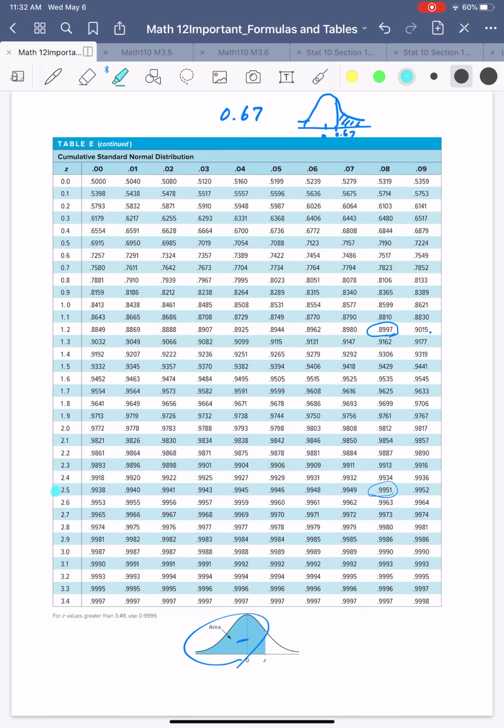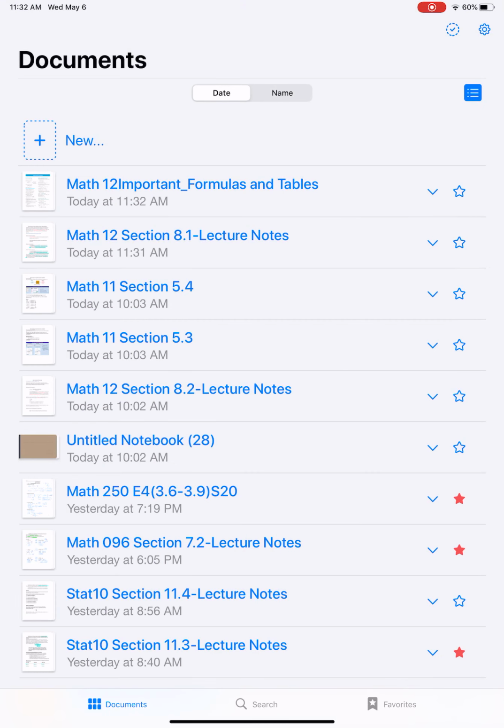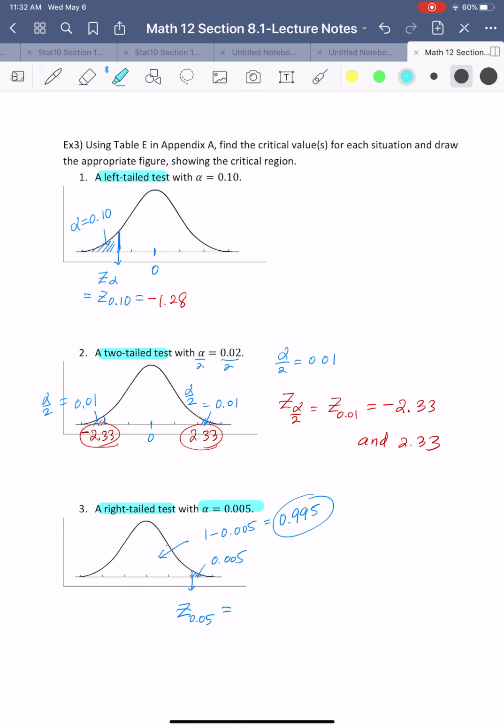It goes from here to here, so the z-score is 2.58. So when I go back, it's about 2.58. So that's the z-score. Okay, thank you for listening.